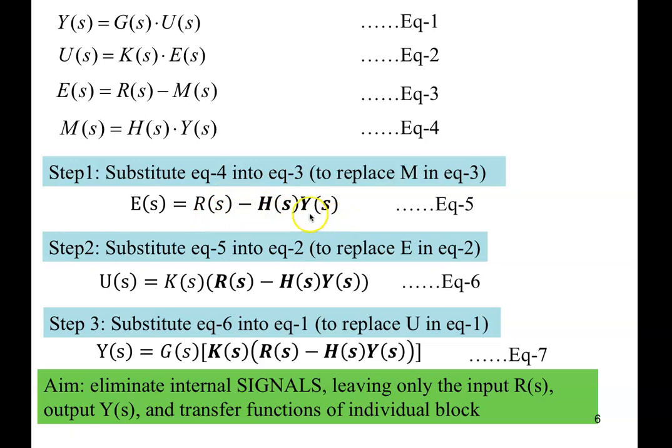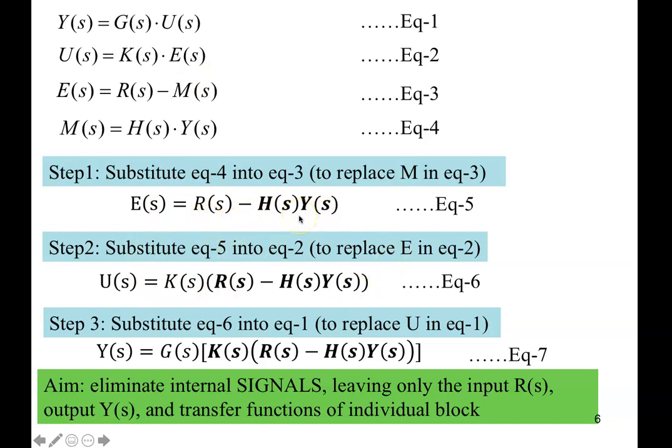Okay, now I can see I have an ES here. I can substitute equation number 5 into number 2 to get rid of ES. So this entire expression on the right-hand side of equation 5 is substituted into equation 2 to replace that ES. This will end up with US equals KS times bracket everything on the right-hand side of equation 5.